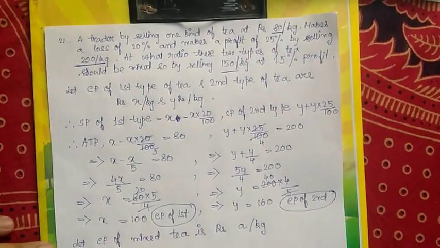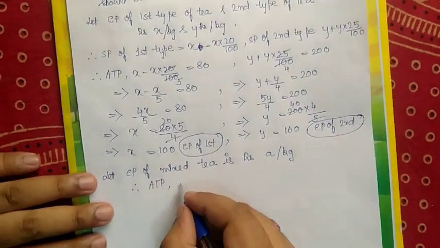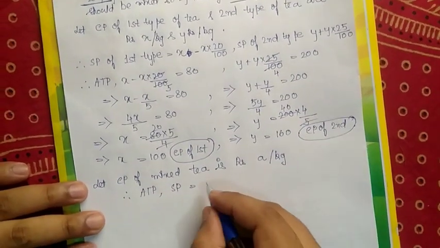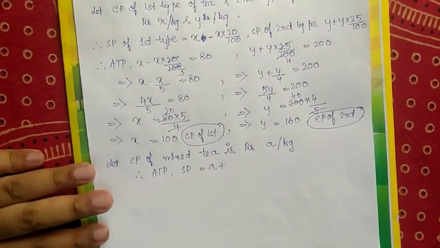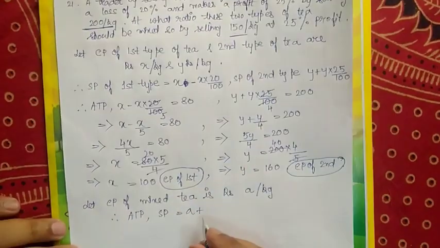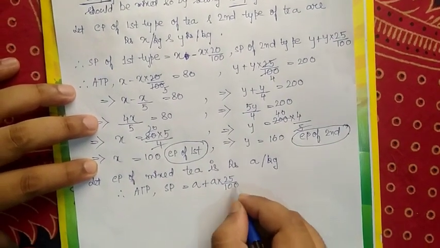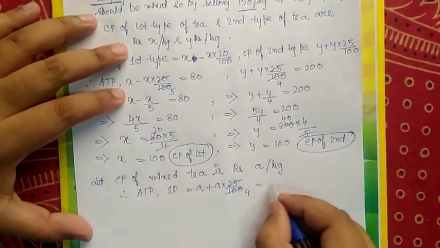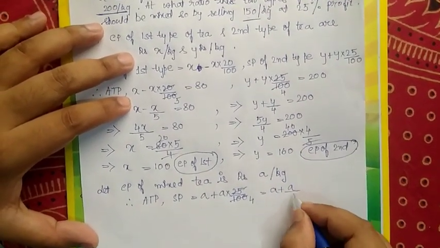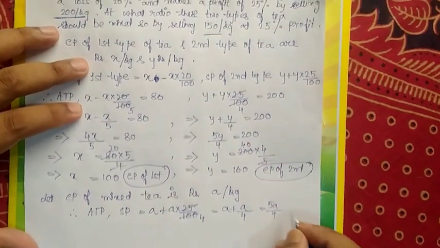So according to the problem, SP is CP, A, plus profit 25%, A into 25 by 100, A plus A by 4 equal to 5A by 4.